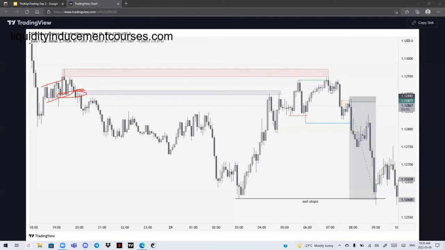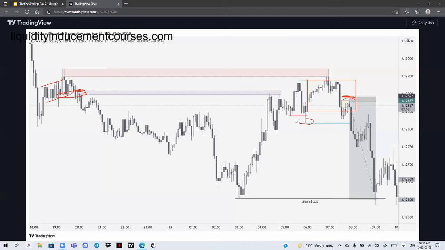Whenever that happens, you know that inside of this area, from this low here to this high, anywhere at the 50% is best to see our point of interest, where we want to see price break.